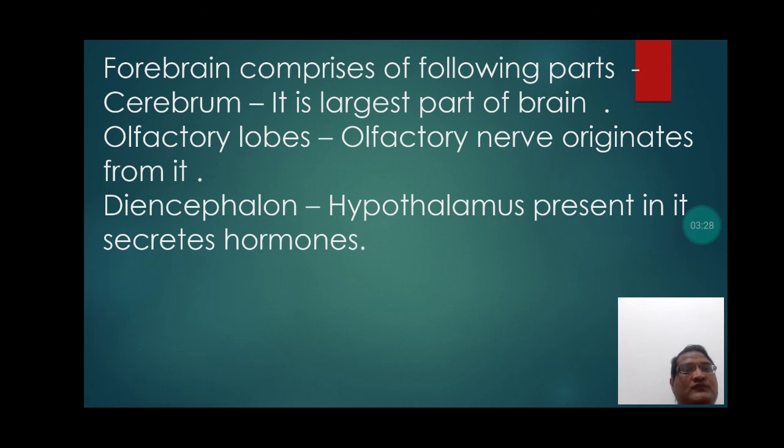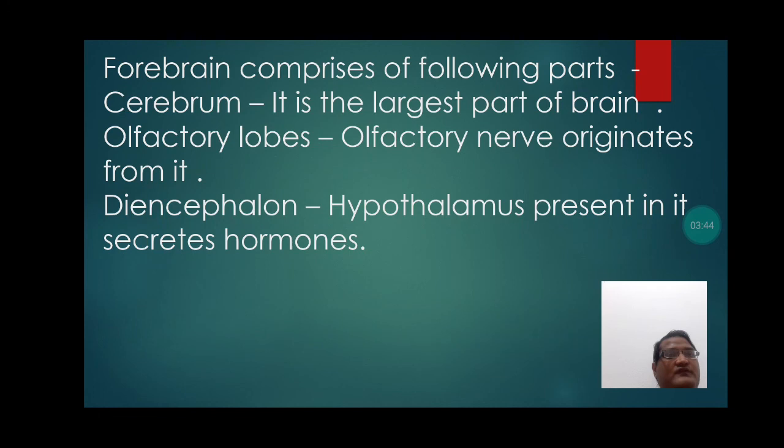Forebrain comprises of the following parts: cerebrum, it is, so students, the largest part of the brain. Olfactory lobes, olfactory nerves originate from it.